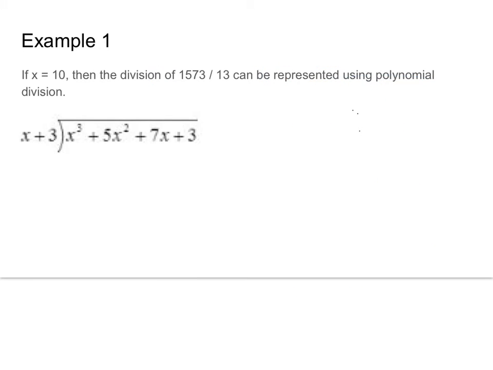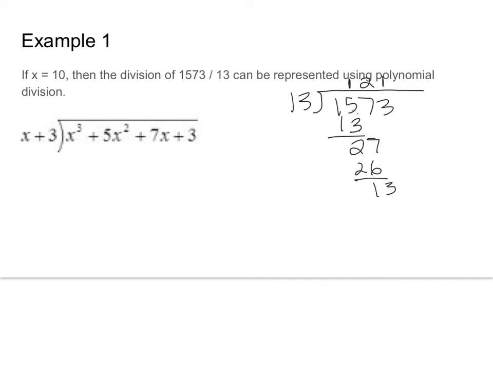I'll push pause. First, let's do the math. 1,573 divided by 13, and see if we can make some parallels here. Because if you remember, this is representing 13, and this is representing 1,573. So 13 goes into 15 one time, subtract, carry down a 7. 13 goes into 27 twice. 2 times 13 is 26. 13 goes into 13 one time. 1 times 13 is 13.